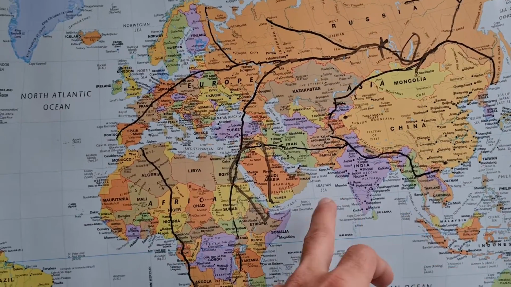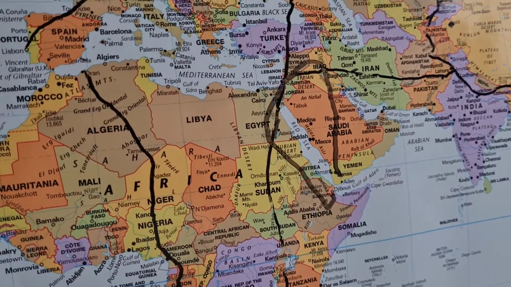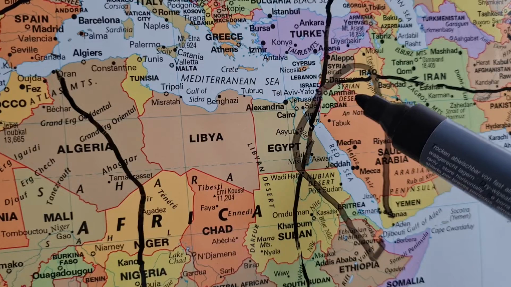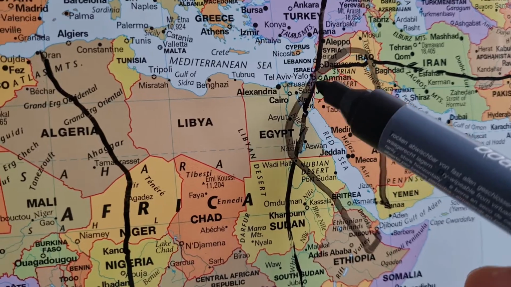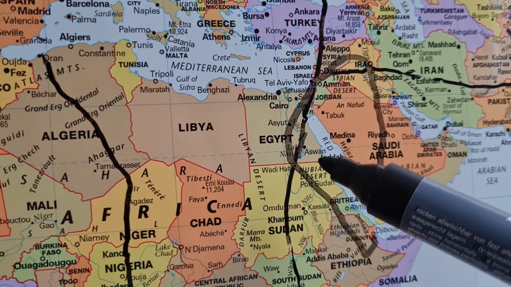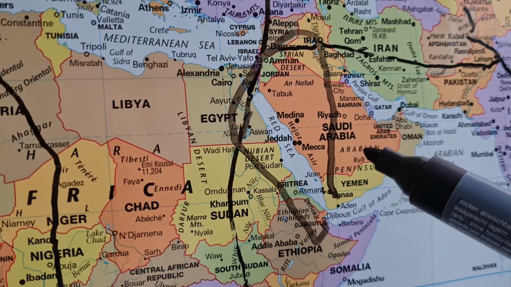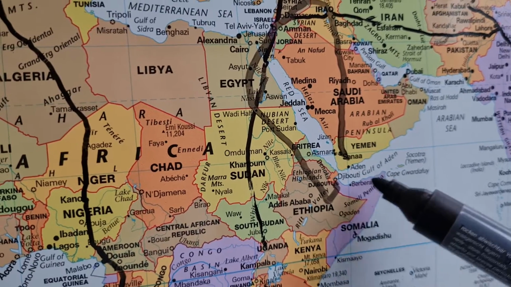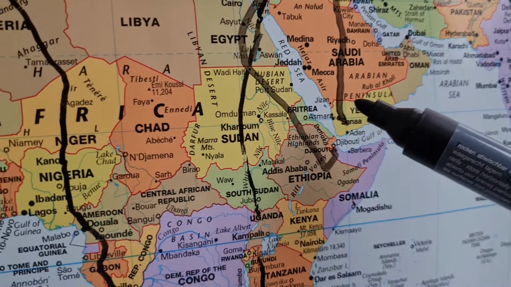Or coming through the Red Sea and through the Suez Canal, which I'm sure, given how many of the routes have to run through here, through Israel, this area, the instability of Syria, Jordan, Iraq, the gifting of Saudi Arabia by the establishment to the House of Saud, the instability here in Yemen, Somalia, all of that gangster stuff with the piracy and so on, to keep people away from these areas.